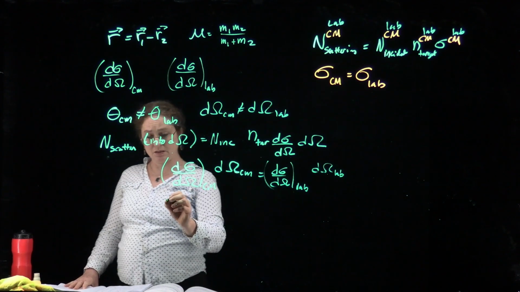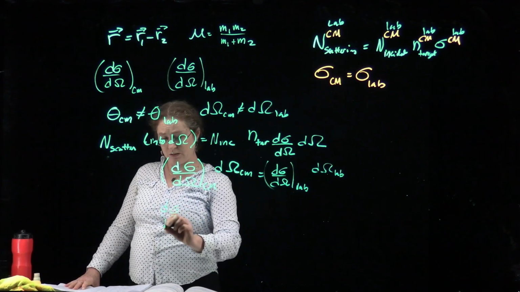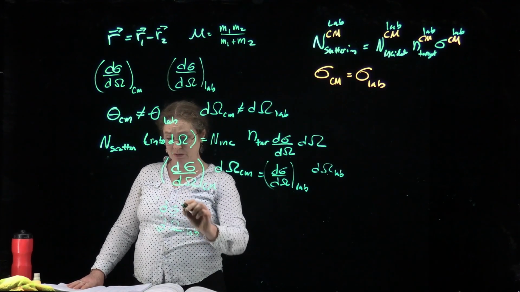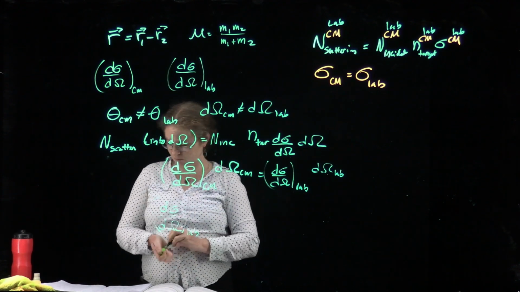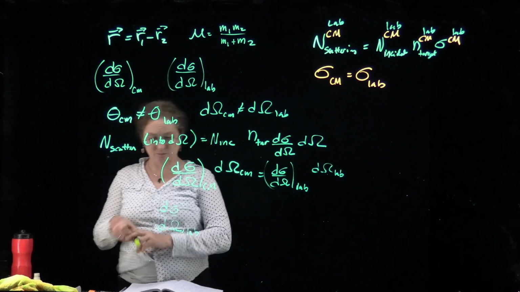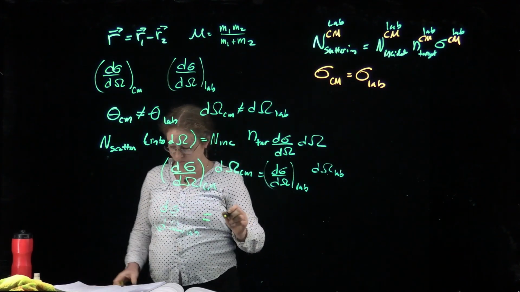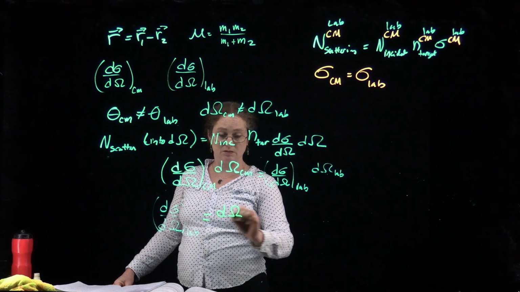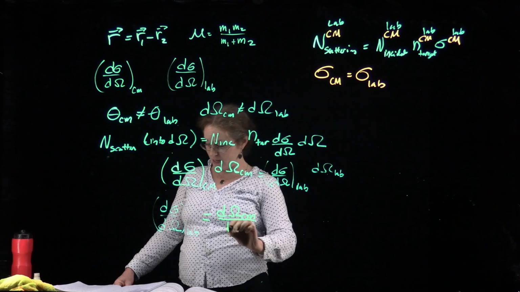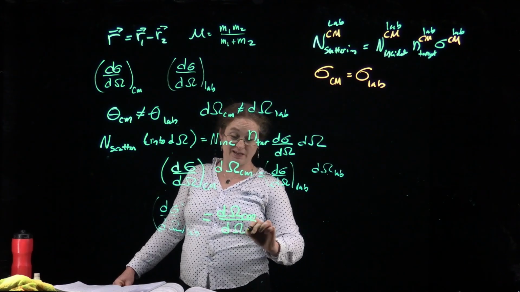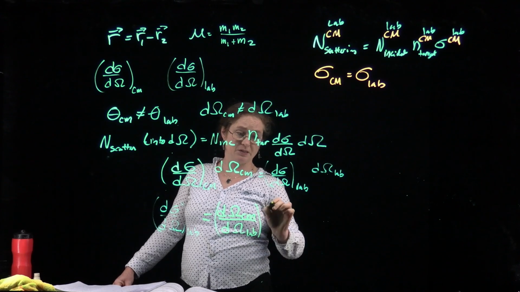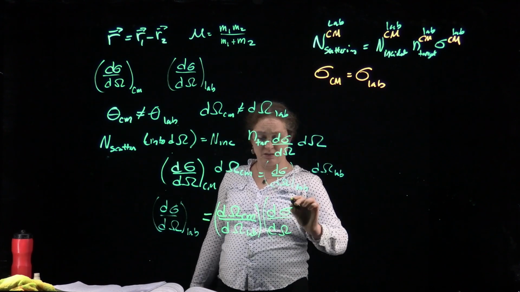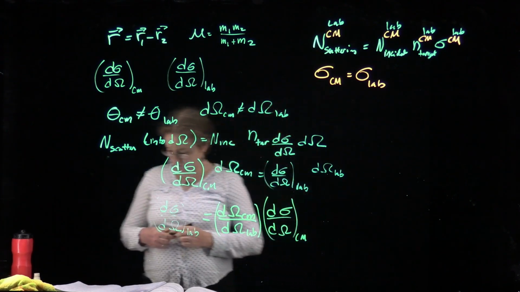So that tells me that d sigma d omega, the differential cross-section in the lab, has to equal d omega in the center of mass divided by d omega in the lab times d sigma d omega in the center of mass frame.